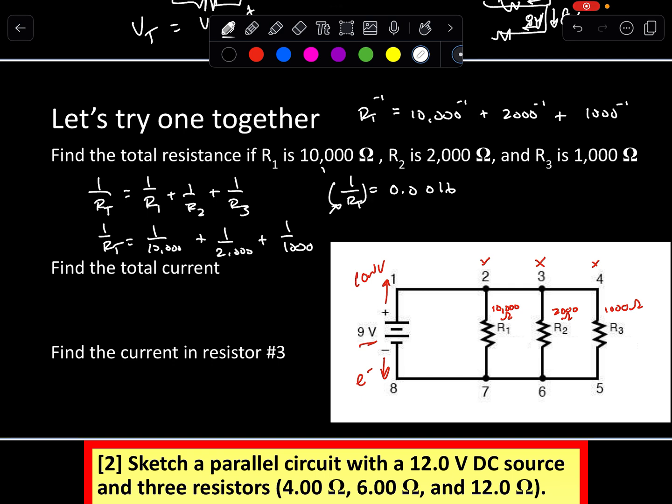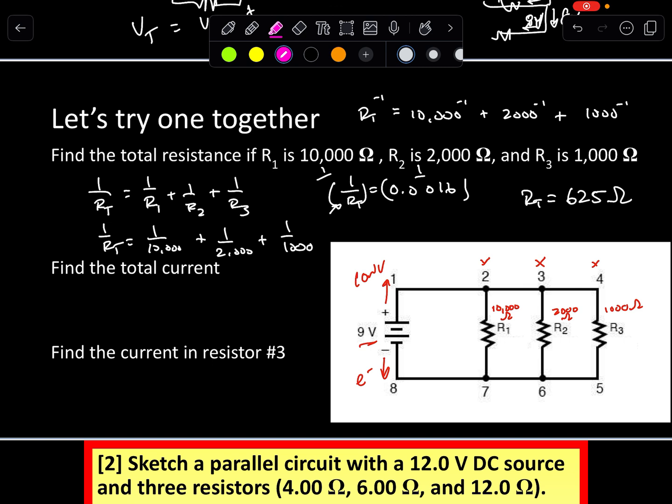So I have to take 1 divided by that. If I do 1 divided by my second answer, my R total should be 625 ohms.